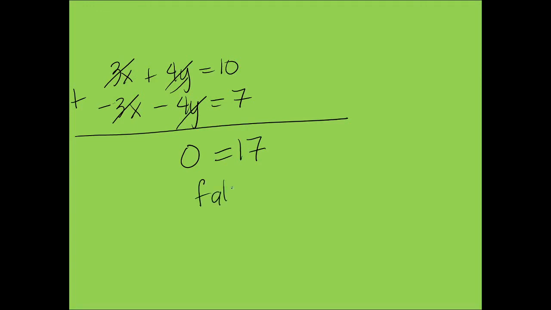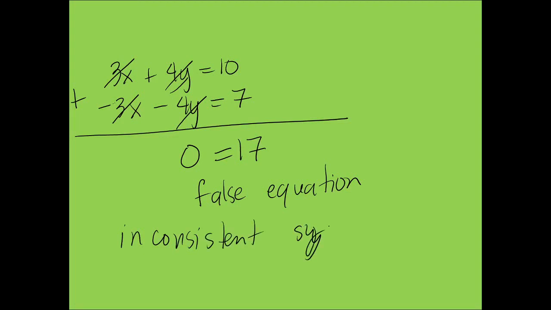This is what you call a false equation, and this is an inconsistent system. If I graph this, it will give me parallel lines.